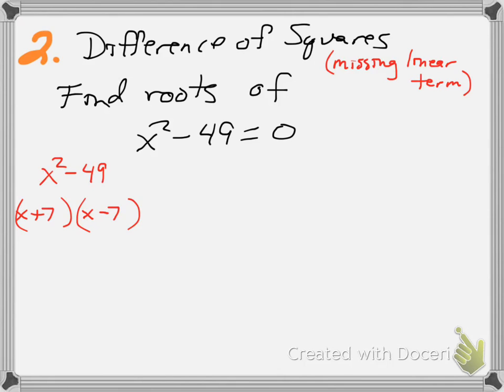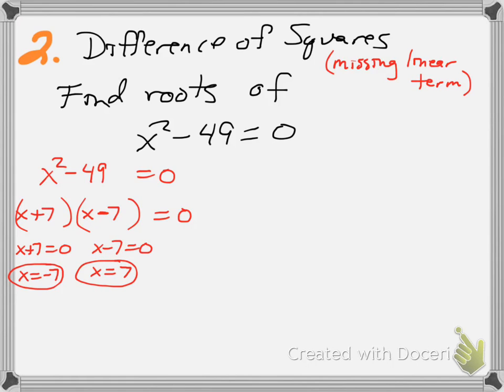That gives you your two parentheses that you then set equal to 0. X plus 7 equals 0. X minus 7 equals 0. Move the 7s to the other side via subtraction and then addition. And you have your two answers. Remember, we're finding solutions here. We're finding mystery numbers.